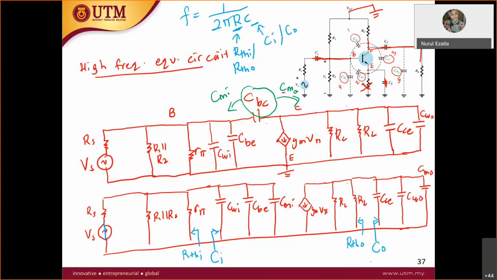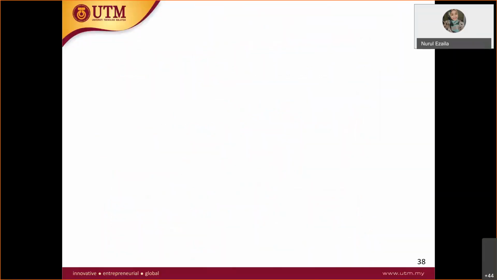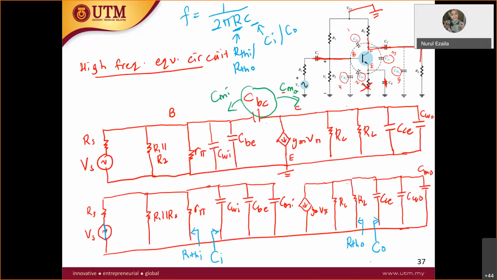Now let us derive the equations, for the input part and the output part. Let's look at RTH in. What is our total at the input?